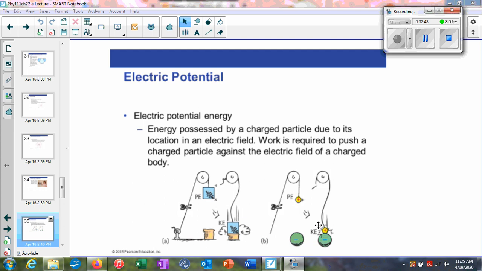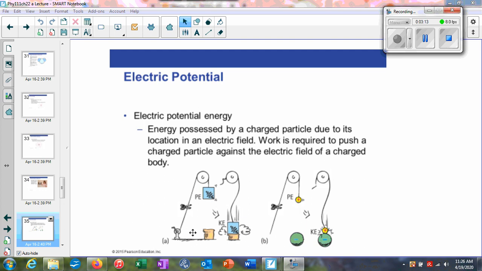So if I have this charged body that's positively charged and this larger negatively charged body that is generating this electric field here, I know that I need to actually do something to move it against the field. Just like my massive thing, I had to do work to move it against the field.